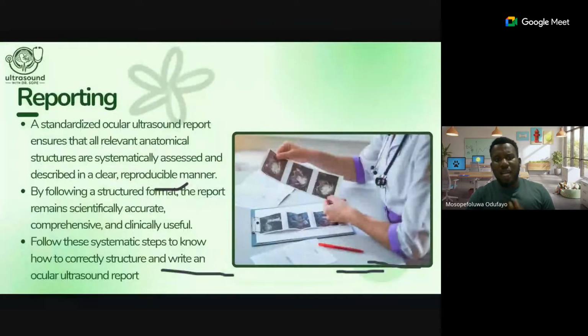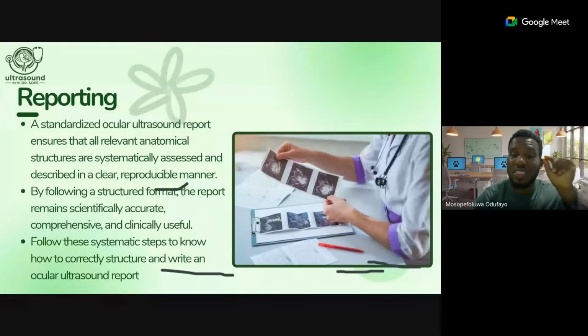A standardized ocular ultrasound report ensures that all relevant anatomical structures that we checked for are systematically assessed and described in a clear, reproducible manner. So by following a structured format, the report remains scientifically accurate and comprehensive, as well as being clinically useful. So follow these steps to know how to correctly structure and write an ocular scan report.